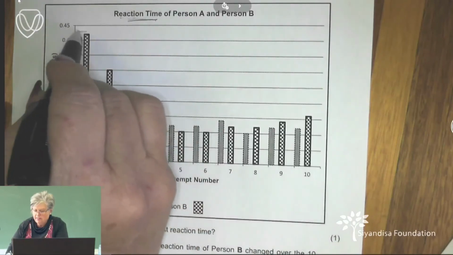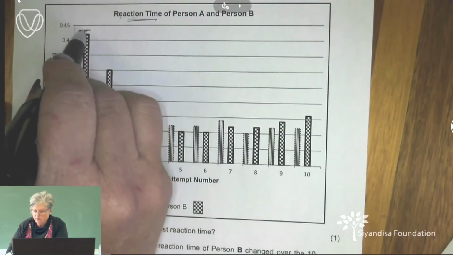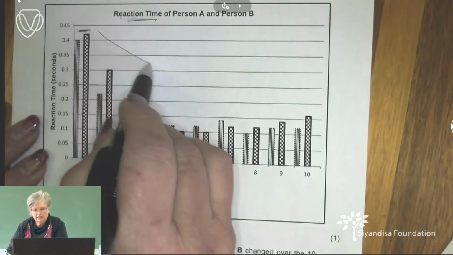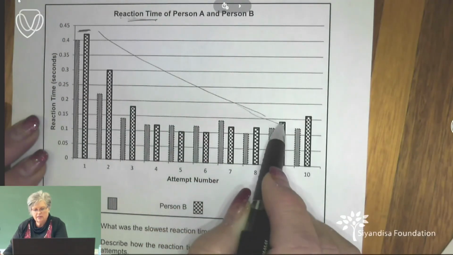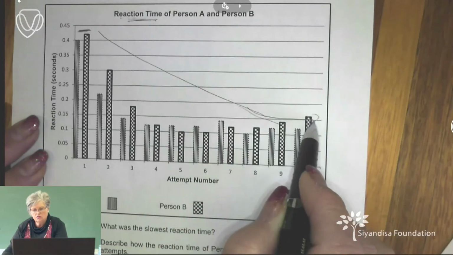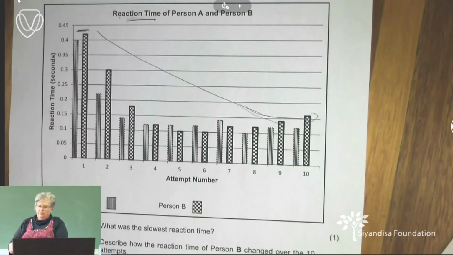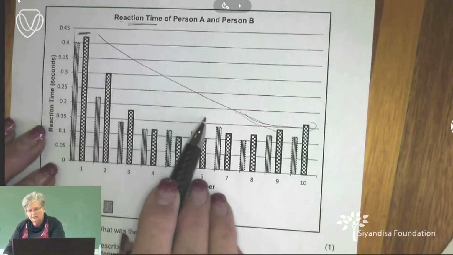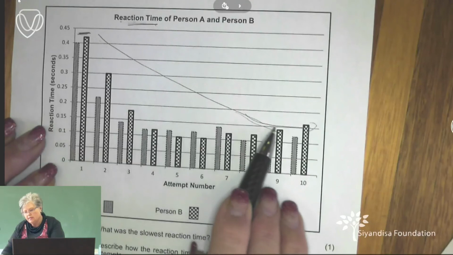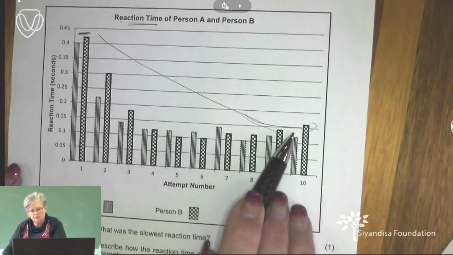I must see that the reaction time was long and that it became less over time, but then it starts doing this. Okay, so that's my first deduction. My first deduction is that the more they practice it, the better their reflexes are.